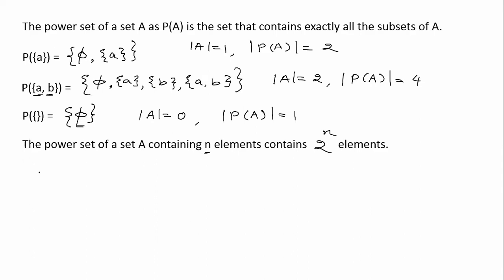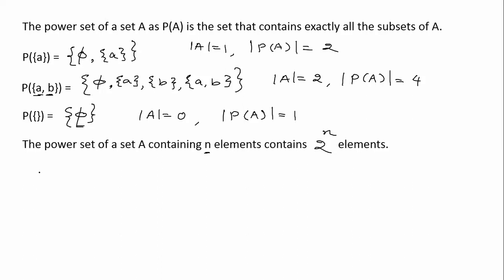Suppose there are n elements in a set, then there will be nC0 subsets which contain 0 elements. There will be nC1 subsets which will be containing exactly one element, and so on.